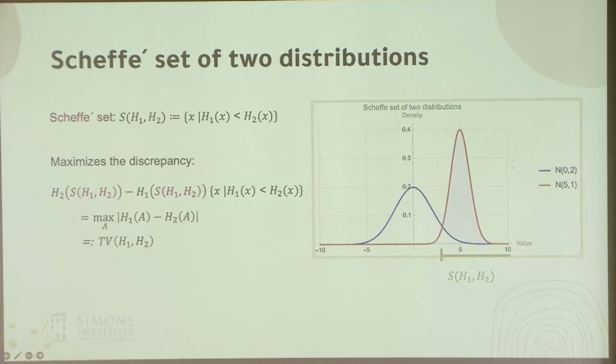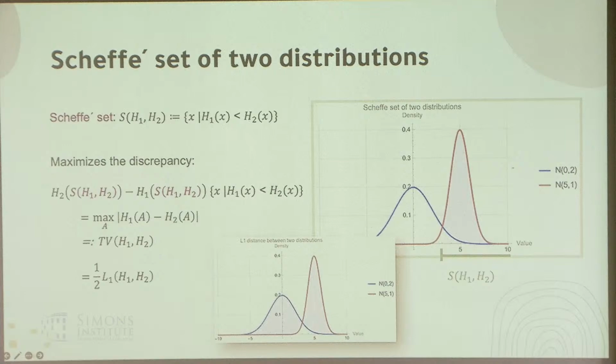Think of this set as the set where the behavior of H1 and H2 are very different, and it cannot be even more different than this. So that's why it's a nice thing. For those of you who are familiar with the L1 distance between 2 distributions, this is exactly half of the L1 distance.